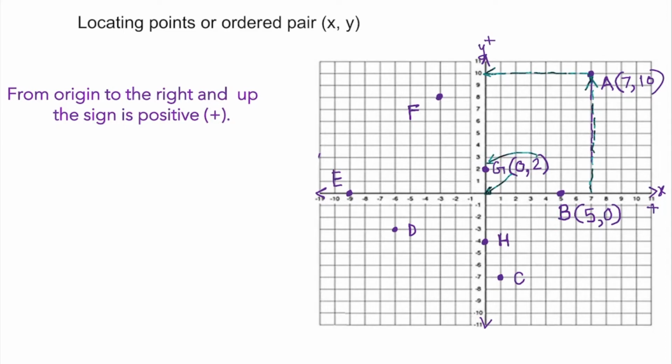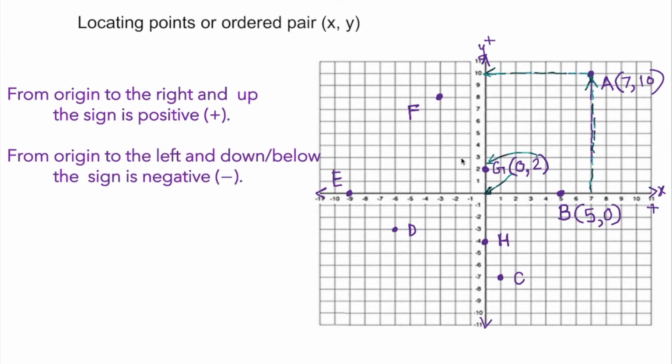Now we have one more piece of information: from the origin to the left and down, the sign is negative. So let's take a look here. We have more. This one is C. For C, it's going to go right under the x here and also just down here.